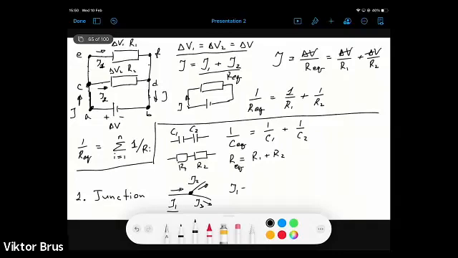So in this case, I minus I2 minus I3 is equal to zero. And this junction rule, the first Kirchhoff's rule, comes from the law of conservation of electric charge. That's what we partially discussed previously.